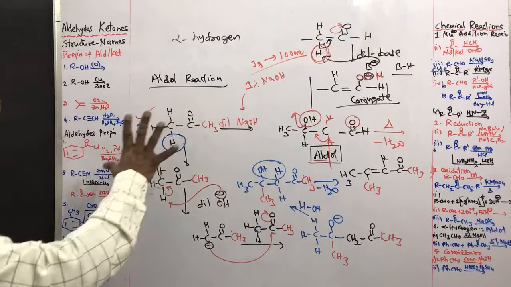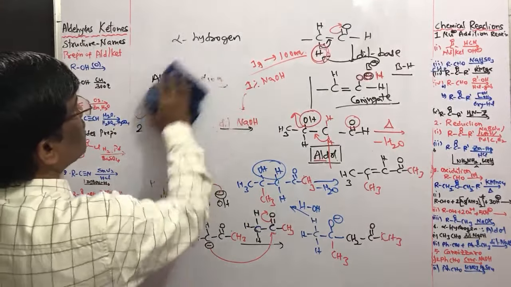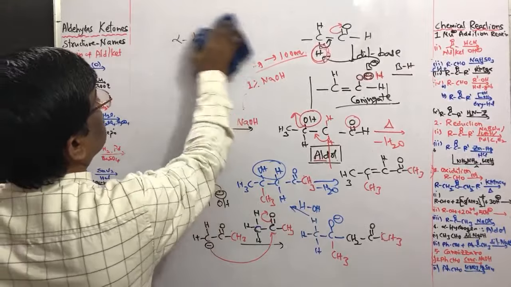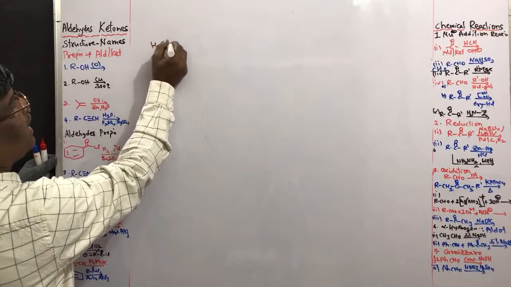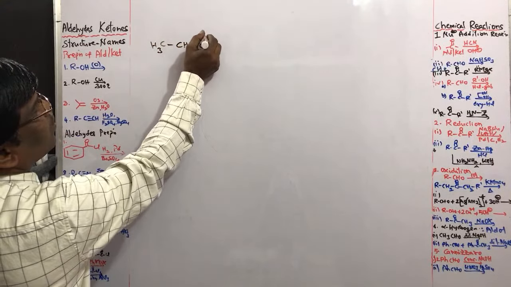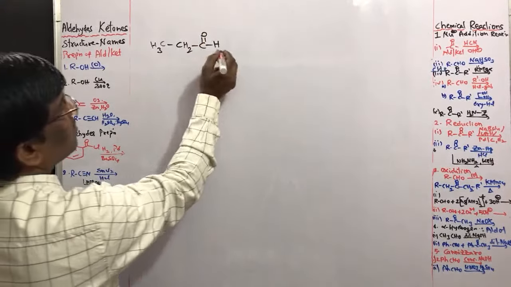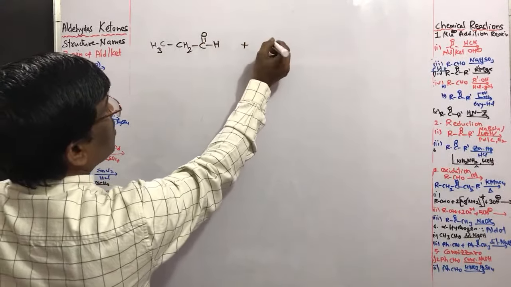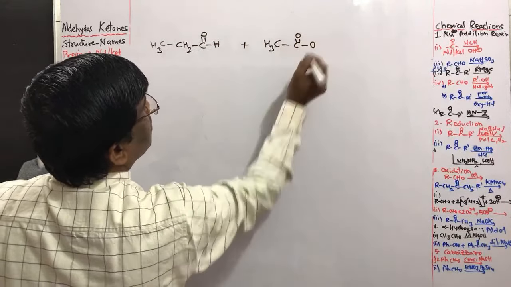So let me take the mixed Aldol reaction, or crossed Aldol reaction. When I take different aldehydes, they undergo a crossed Aldol reaction. Crossed means two different aldehydes, CH3 and CH4.